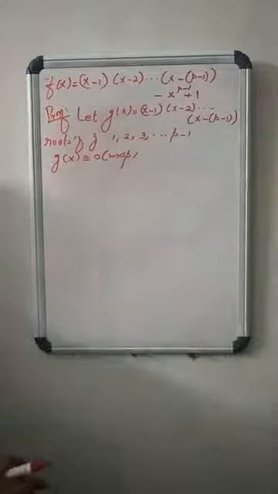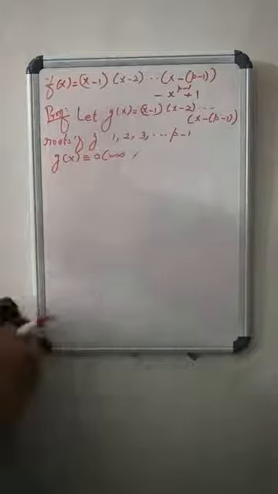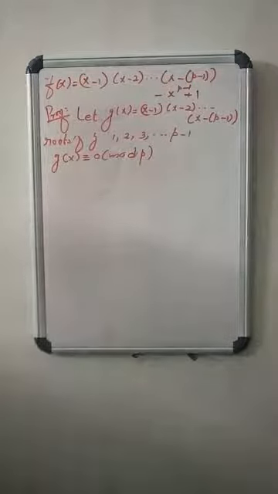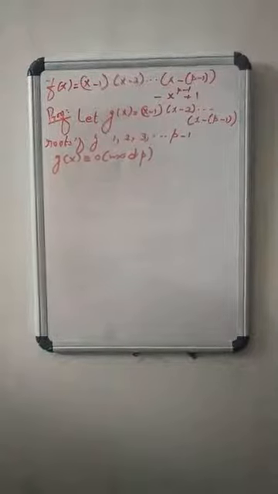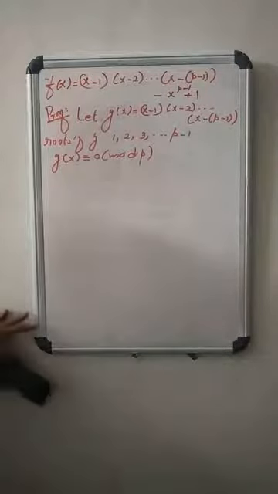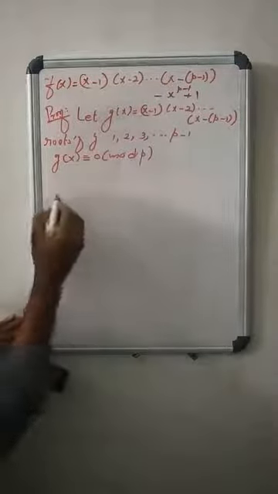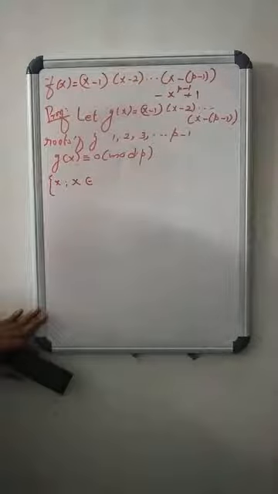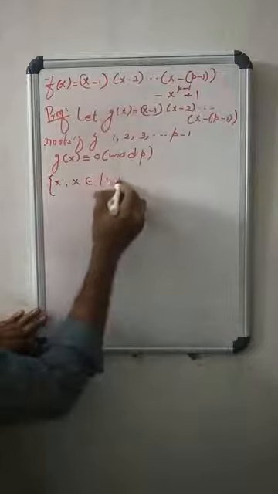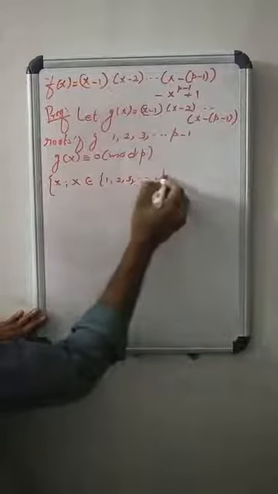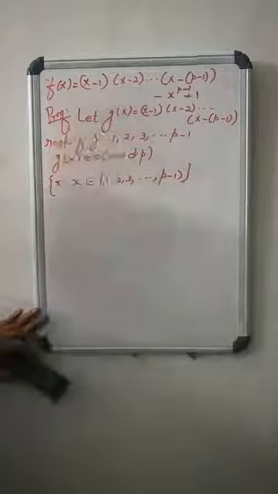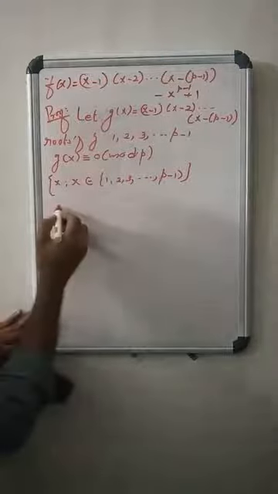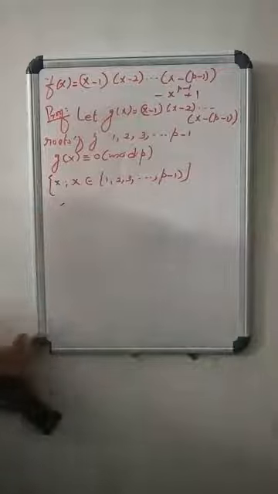g of these 1, 2, etc. to p minus 1 satisfy the linear congruence g of x congruent to 0 mod p. Then consider the set of all x such that x is in the set 1, 2, 3, etc. to p minus 1, which satisfies a congruence relation.